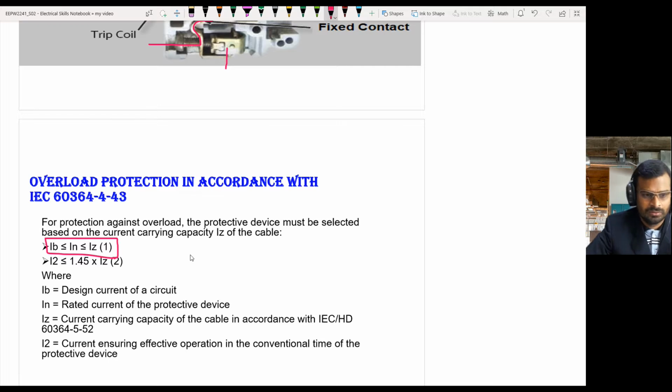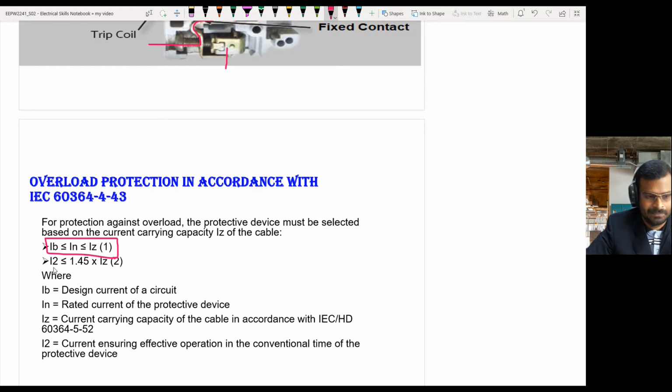Whenever we choose the MCB, the normal operating current should be greater than the load current, usually 1.45 times. And when we choose the cable for connecting the circuit, its current carrying capacity should be greater than the protective device's current rating. Only in that case can we protect the cable and the load from faults.